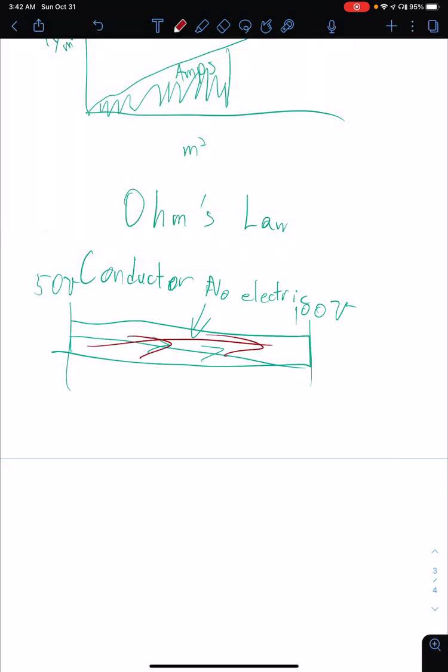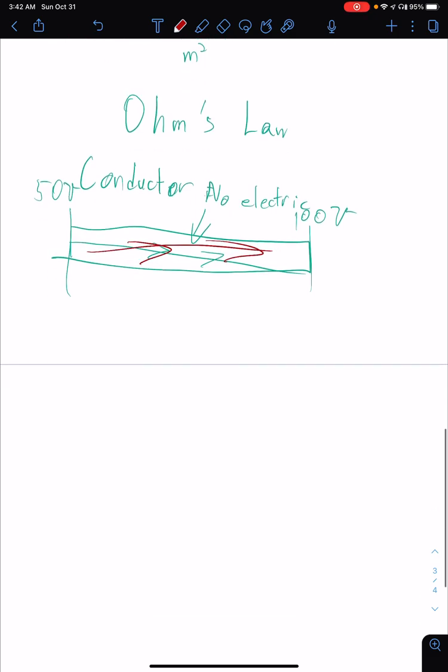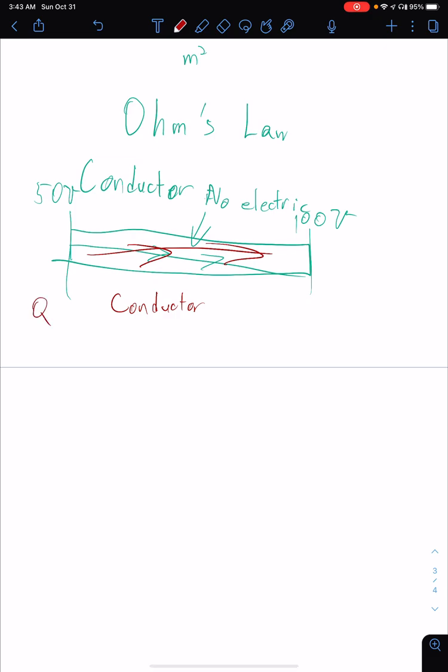Sorry, I'm a horrible drawer. But now we're saying that the conductor has some push to it. That when you put a voltage across it, it has some resistance, which dictates, hey, we know we want to get this charge from here to this charge here, but because of the resistance, it's the material, we can't just do it as fast as the speed of light.